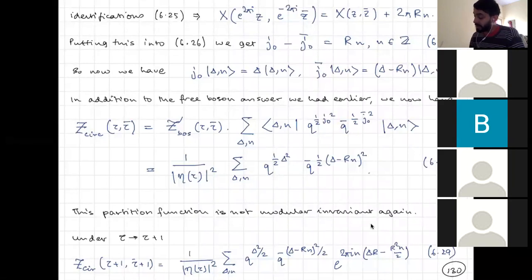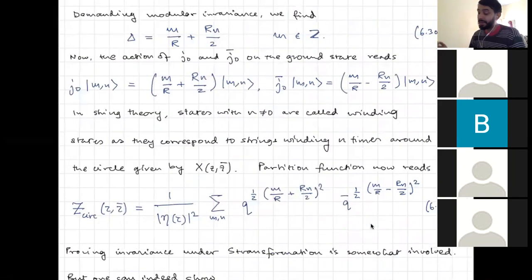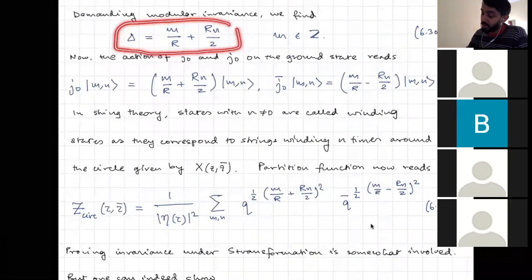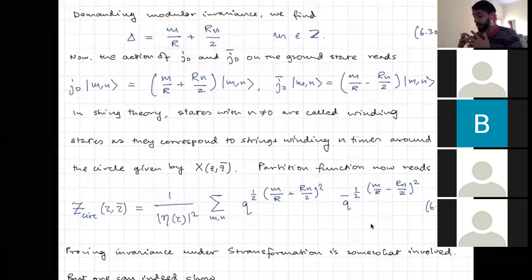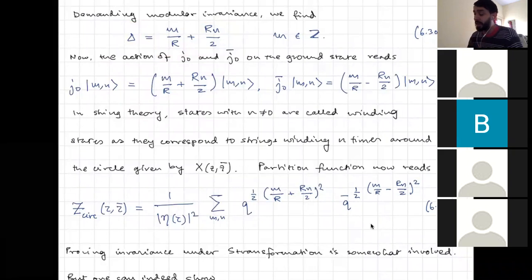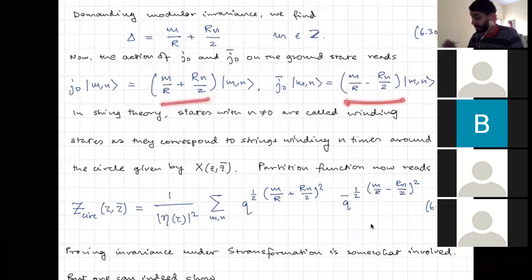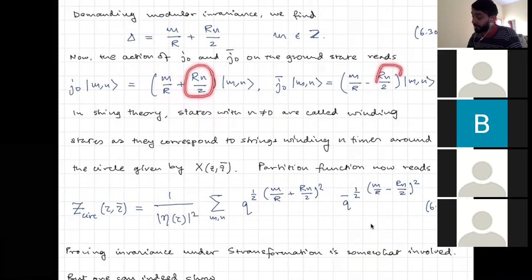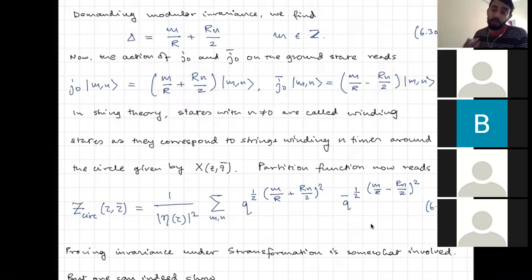That restricts what these deltas can be, so the spectrum is constrained by looking at this particular T transformation. J naught and J naught bar are now given by these. So there will be some effects of this non-trivial winding.